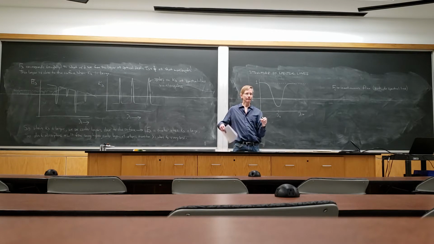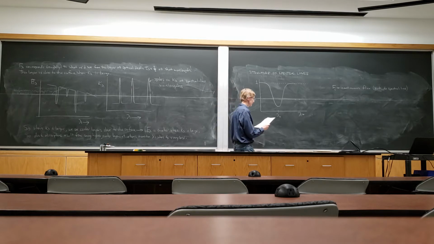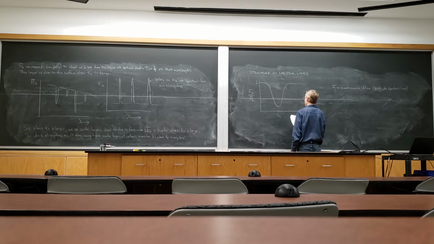In other words, if the atom is moving towards you, the wavelength that I see won't be the same as the wavelength the atom sees. So you'll also have a spread due to the motion of the atoms. That's the generic kind of plot of what the spectral line looks like.